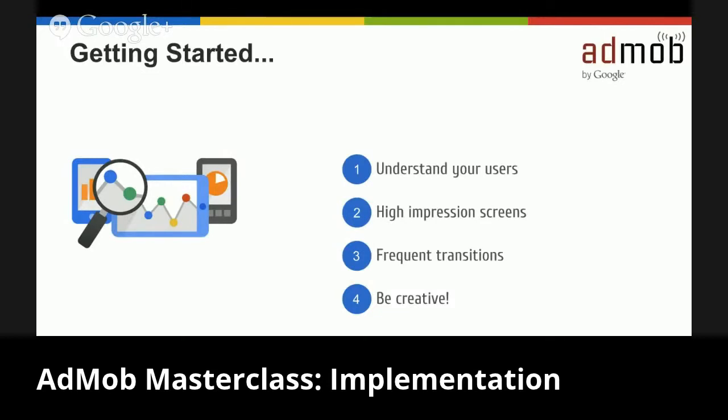So first of all, where are people actually using your app? Which screens are the most popular to them? Which ones are they using on a daily basis? Which ones are they using on a weekly basis? Once you've got that nailed down, where are people moving around in your app? What are the frequent transition areas that they're using? This can be used for new opportunities. And as always, as we say in Google, be creative, be unique, and give the users something beautiful.